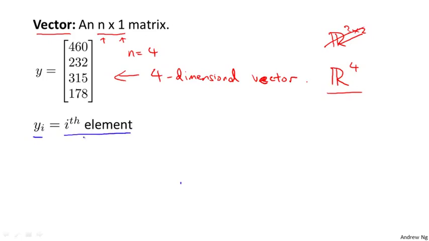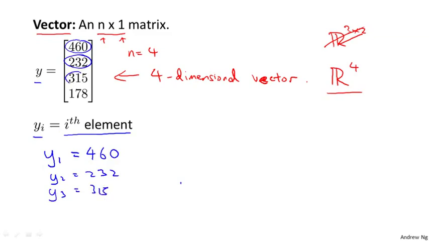So if y is this vector, y subscript i is the ith element. So y1 is the first element, equal to 460. y2 is the second element, 232. y3 is equal to 315, and so on. Only y1 through y4 are defined because this is a 4-dimensional vector.